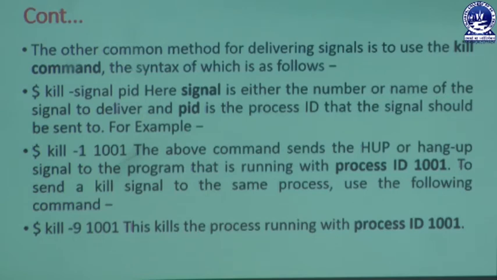So to send a kill signal to the same process, use the following command: $ kill space -9, then space 1001. So this kills the process running with the process ID 1001. By using this command we can open the program, and then we can also close that process according to the user requirement.